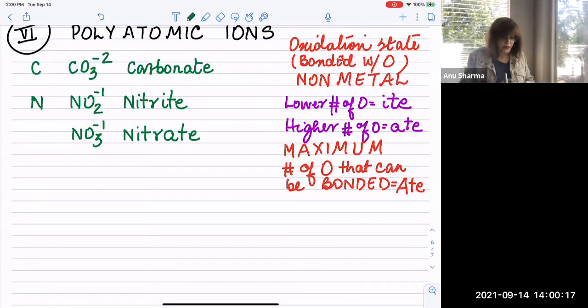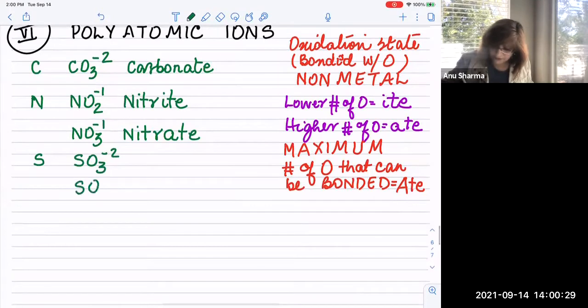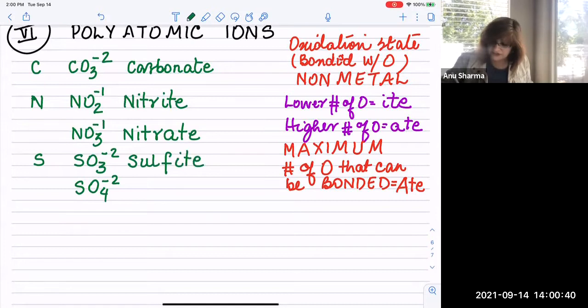Let's look at sulfur. Sulfur can combine with 3 oxygens and have a 2 negative charge, and sulfur can combine with 4 oxygens and have 2 negative charges. The lower oxidation state is sulfite, ITE, and the higher oxidation state is sulfate, ATE.